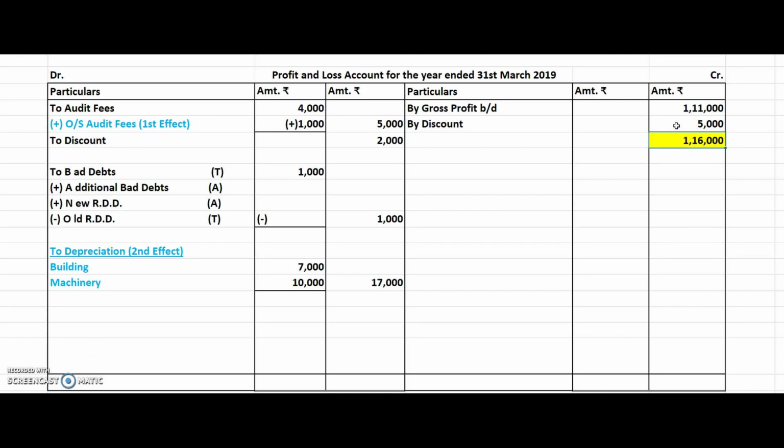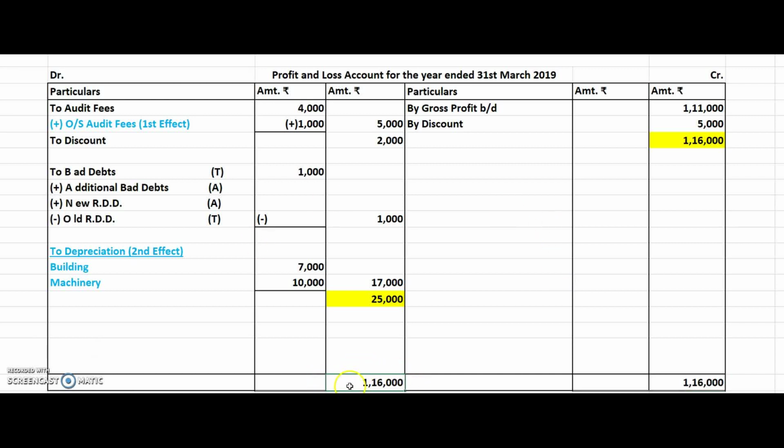So the total of the credit side is 1,16,000, the rough total. And on the debit side it is 25,000. Again, in casting the heavier side, which is 1,16,000, that will be written in the grand total of both the sides. Credit total, debit total.